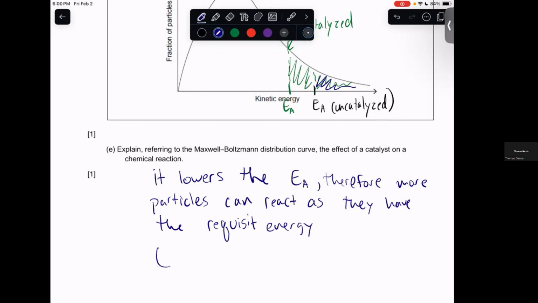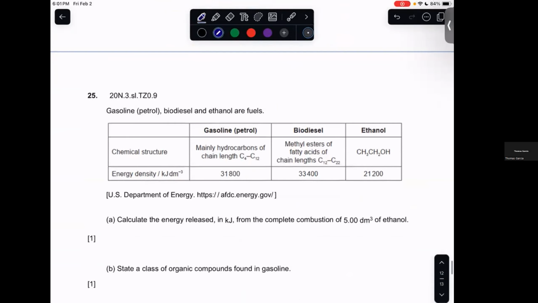You can also say it provides an alternate route. Provides an alt route for reaction. And I'm abbreviating. Please don't abbreviate on your actual IB.